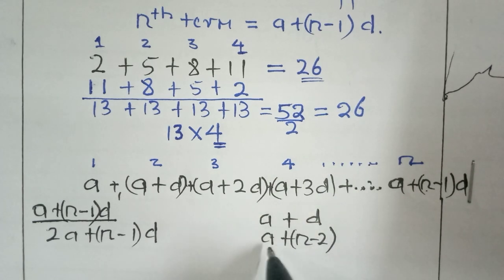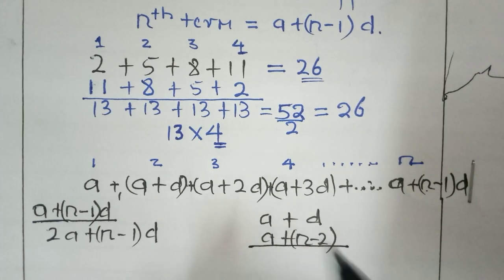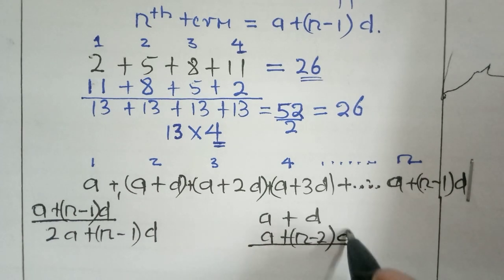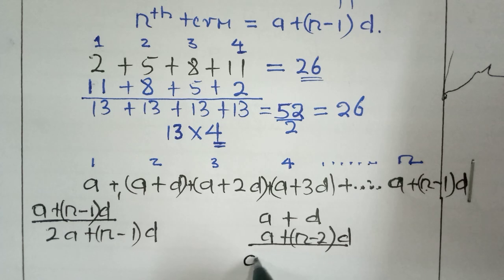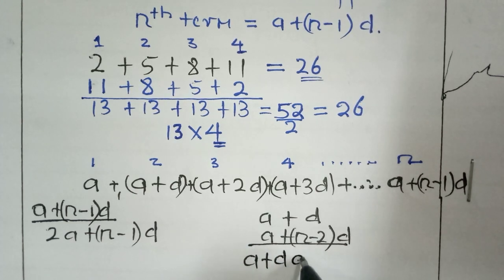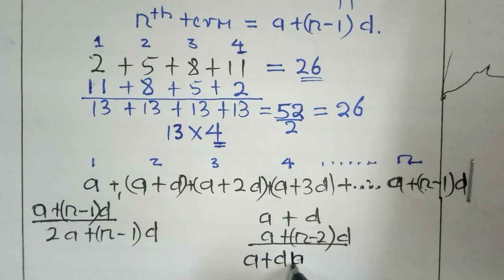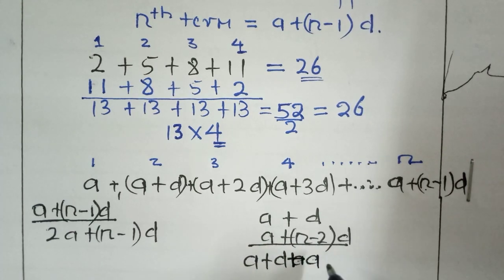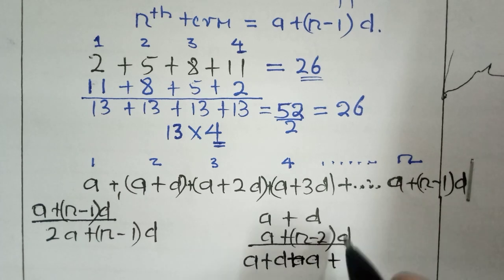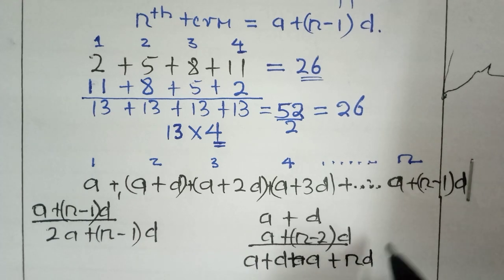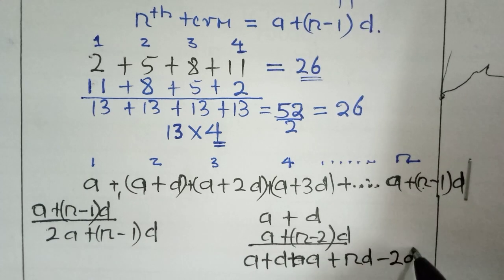So if you add this, here you have d. So you have a plus d, plus a plus d, plus, again we have a plus, let's take away the bracket there, you'll have nd minus 2d, like that.